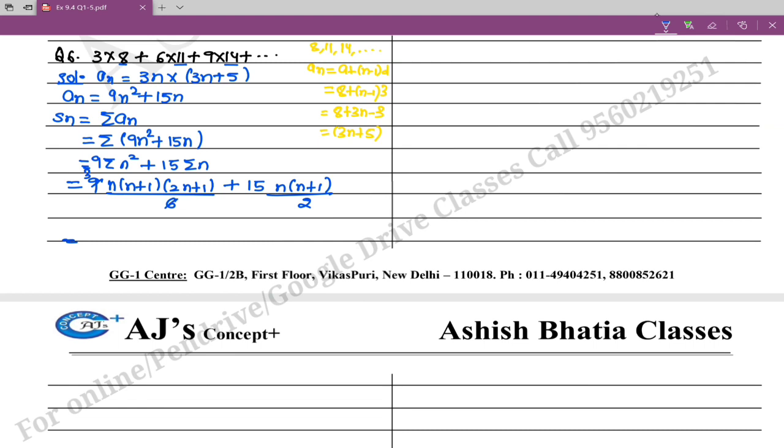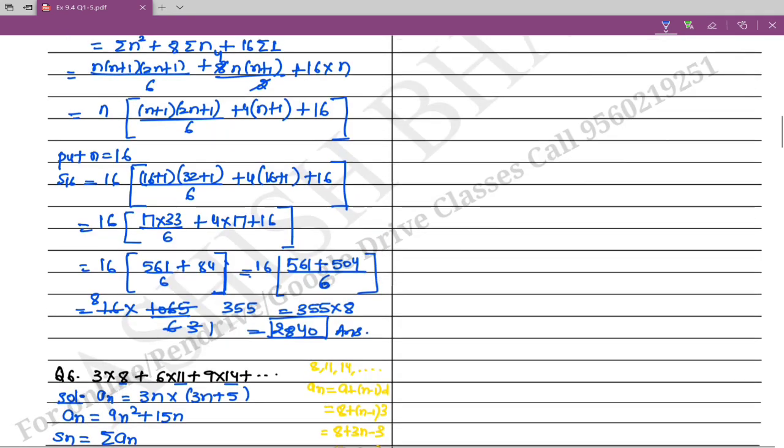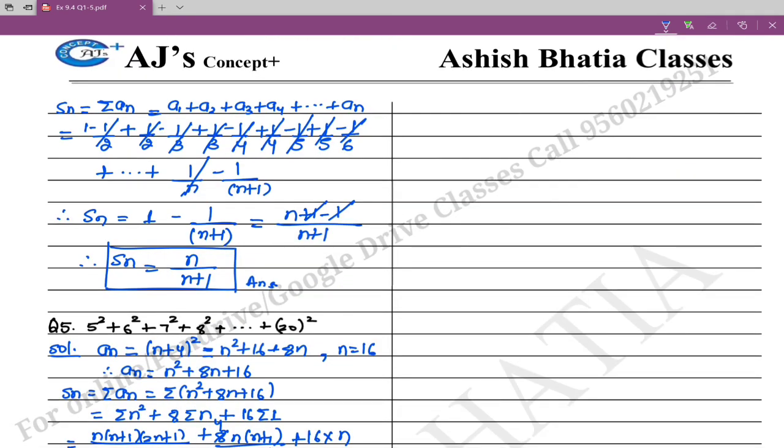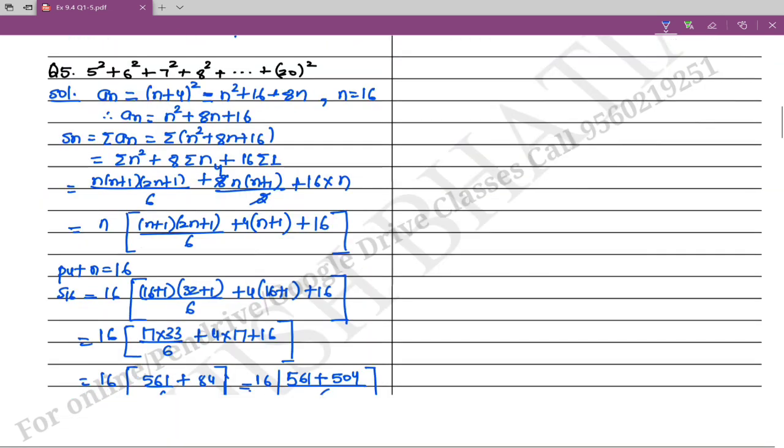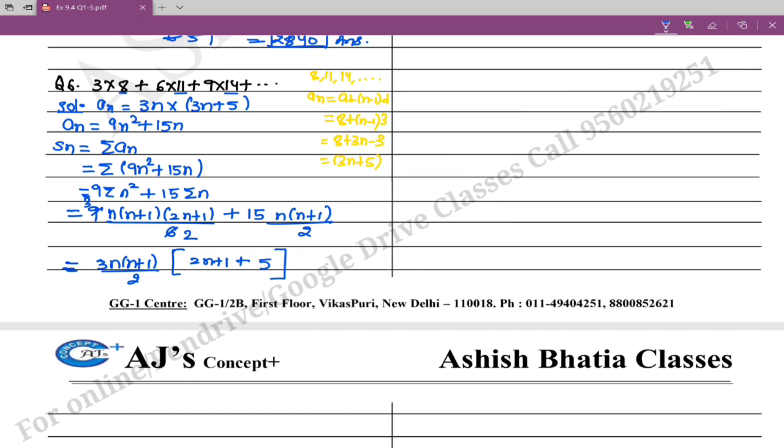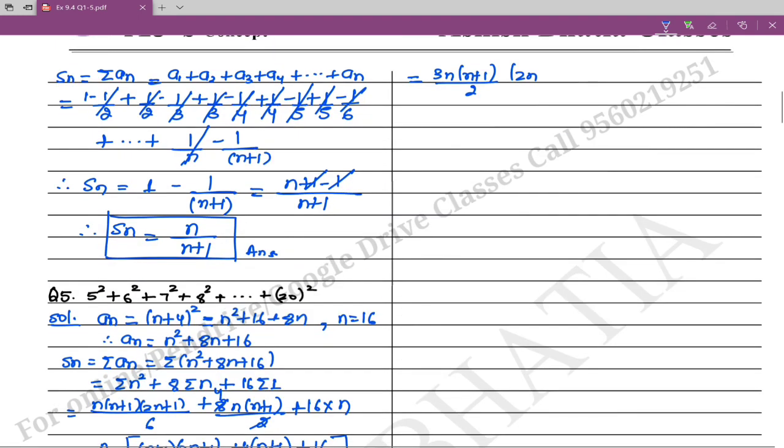3 3s are 9, 3 2s are 6. So we can now take 3n into n plus 1 by 2 as the common part, and we will be left with 2n plus 1 plus 5. So this will be equal to 3n into n plus 1 by 2, and it would be 2n plus 1 plus 5, so it would be 2n plus 6.